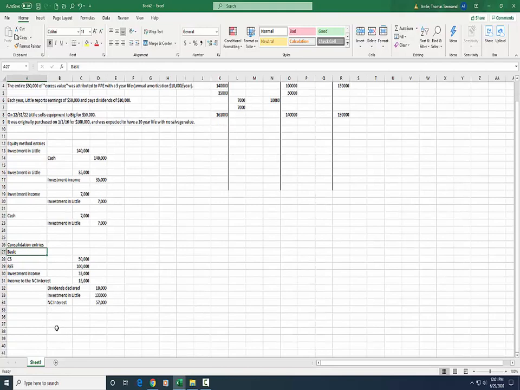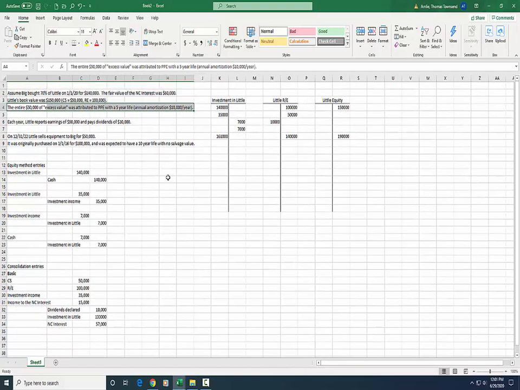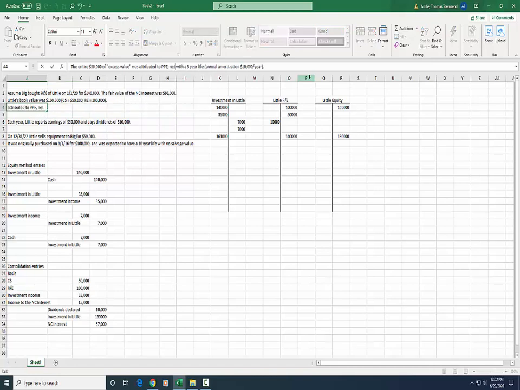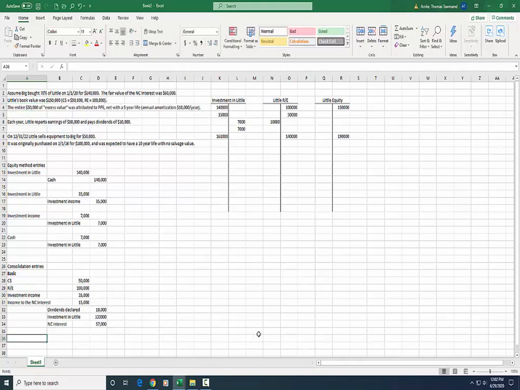Now we need to tend to that excess value. Again, we had a $50,000 differential, $50,000 of excess value attributed to property, plant, and equipment. And let's go ahead and assume we don't have a separate accumulated depreciation account. So I'm going to call that property, plant, and equipment net, just to keep life simpler. Now we have to deal with the excess value, and we have two things we have to do.